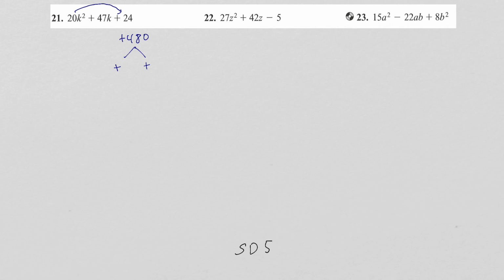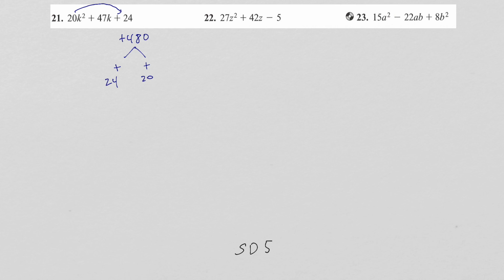So let's just start fiddling with numbers. I'm going to start with 24. 480 divided by 24 is 20. But that's not it. That's going to add up to 44. Let's see if 480 is divided by 25. Nope. 480 divided by 26.